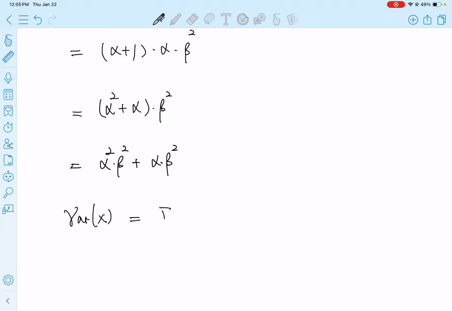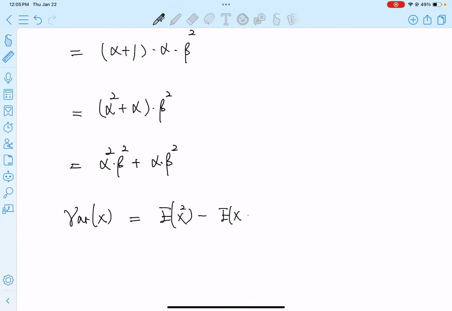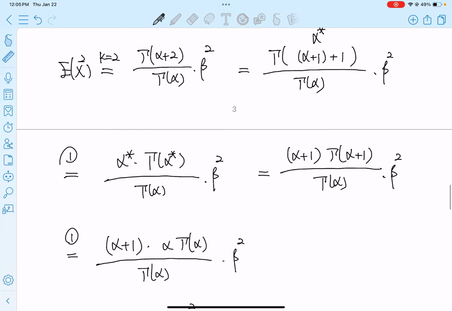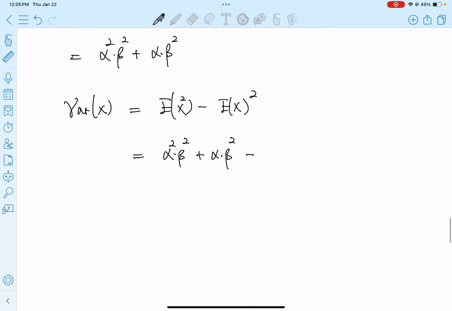This is just equal to the second moment minus the square of the first moment. This is equal to alpha squared beta squared plus alpha beta squared, and then minus the square of the first moment, and the first moment is equal to alpha beta. So this is minus alpha beta altogether squared.